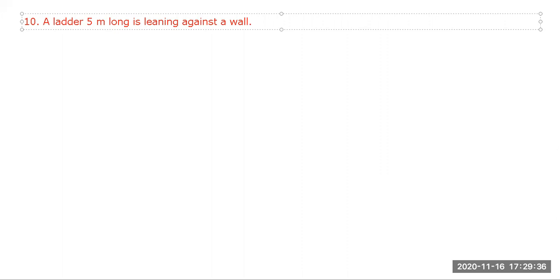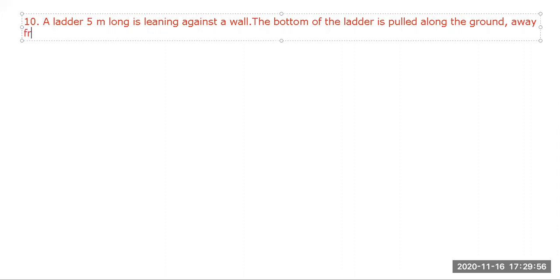The bottom of the ladder is pulled along the ground away from the wall at a rate of 2 centimeters per second.